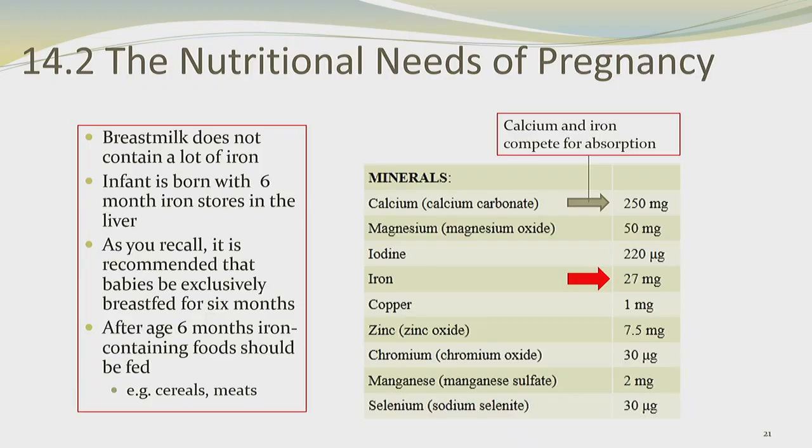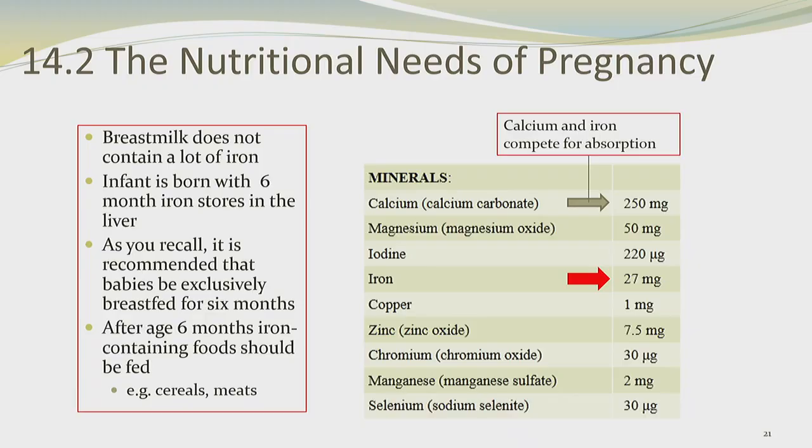And so breast milk is the best nutrition for the child, but the iron levels are not as high because we're relying on these iron stores for the first 6 months of life. Okay. And keep in mind that this iron is being taken from the mother's body, and it has to be replaced to avoid the mother developing iron deficiency anemia.